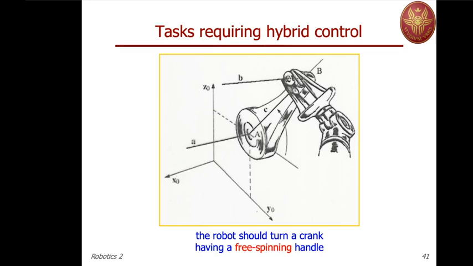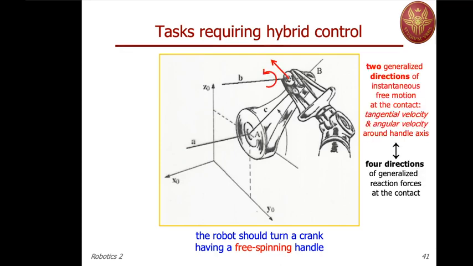Now, if this is the type of interaction, you may imagine what are the degrees of freedom that you control in motion and which are the ones that you can control in force. We will be very clear later on, but this is just some introductory material that I will use to complete this general lecture on interaction control.